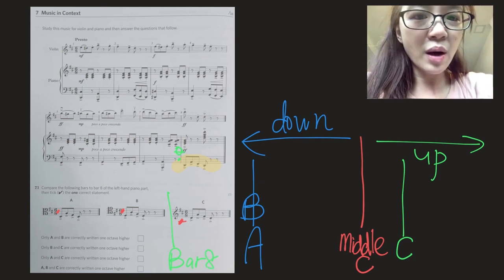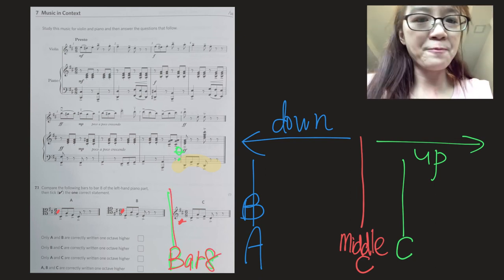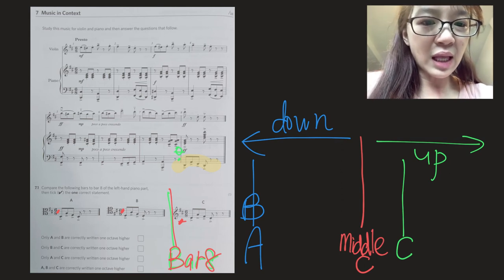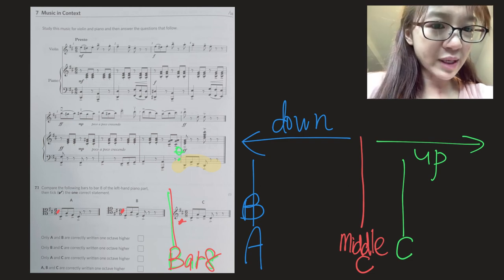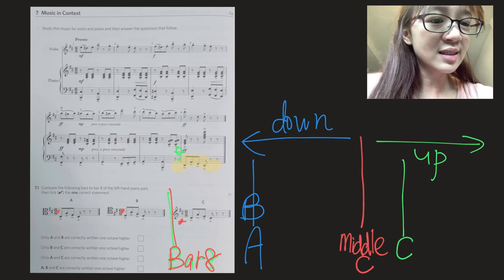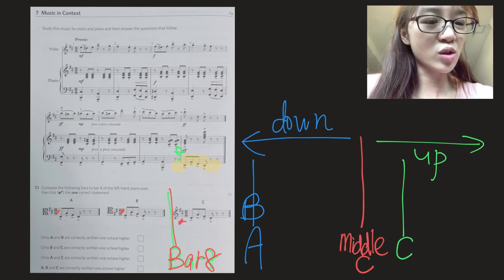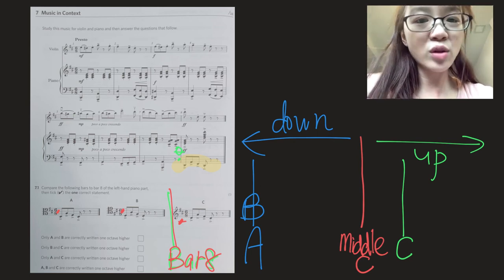It's one more octave lower than the A and B. So A and B are correctly written one octave higher than bar 8. The first one is correct because we are comparing with bar 8. So they say only A and B are 1 octave higher.